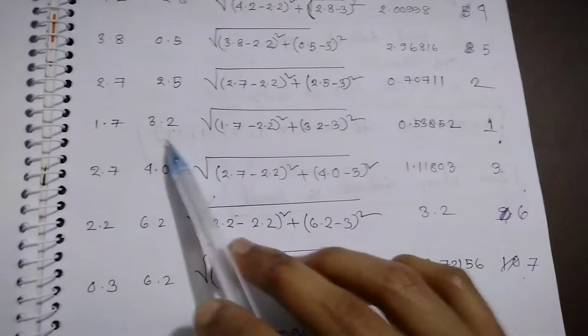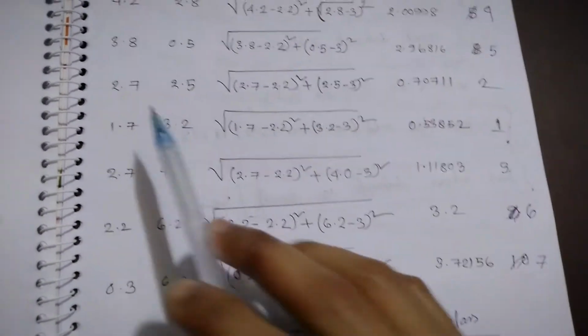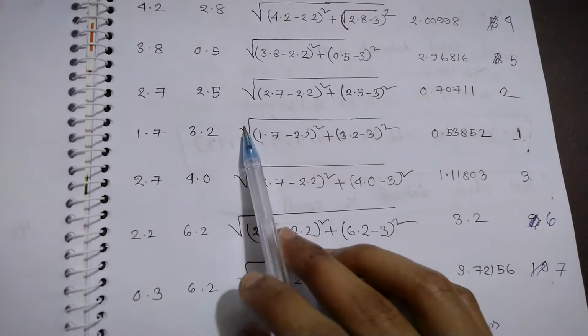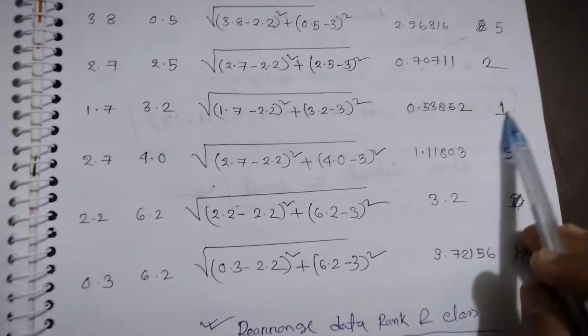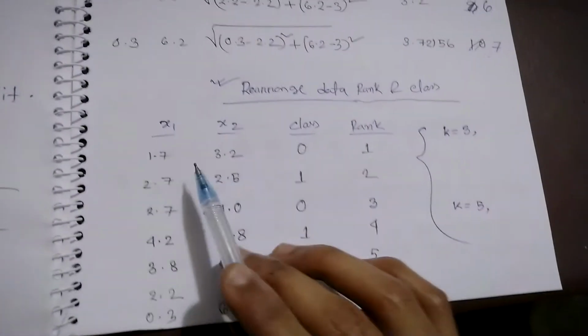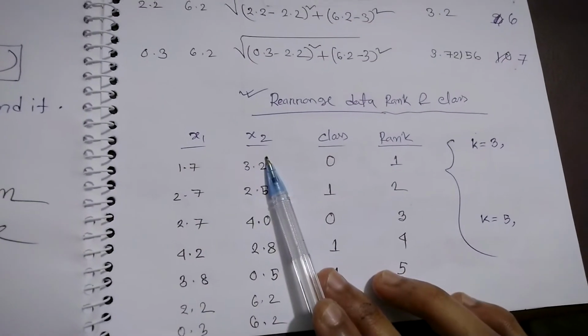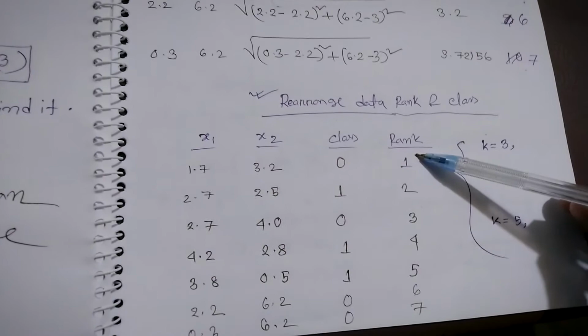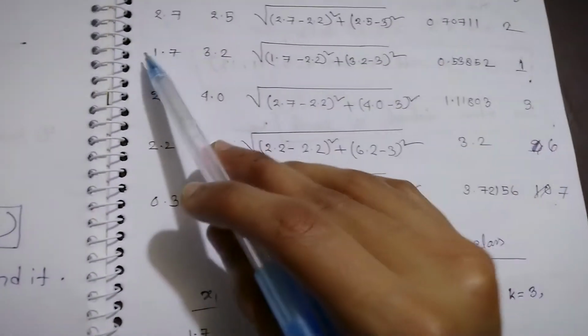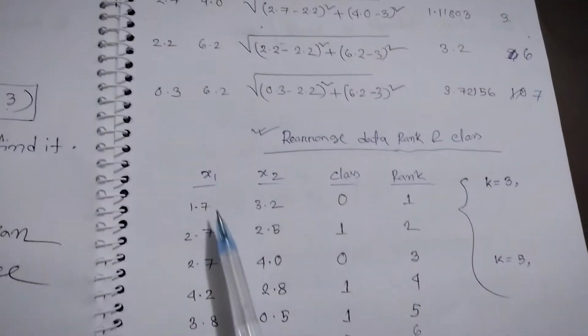So we'll sort all of the data points based on this rank. So number 1 would be 1.7 and 3.2 because its rank is 1. See, our x and y data points, these are all the data points based on our rank. The rank 1, we have 1.7, 3.2. Just add it.